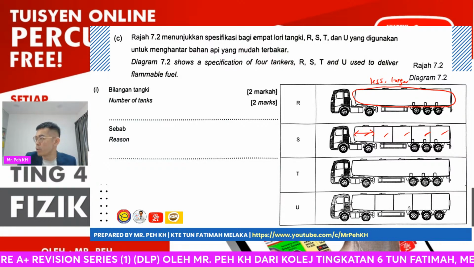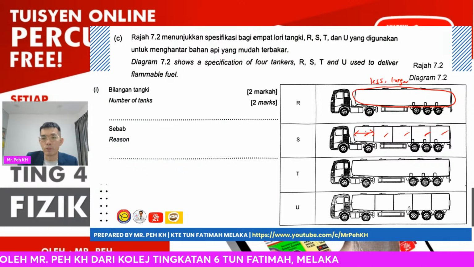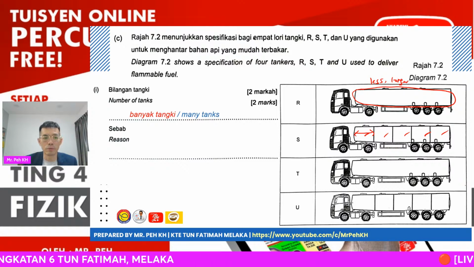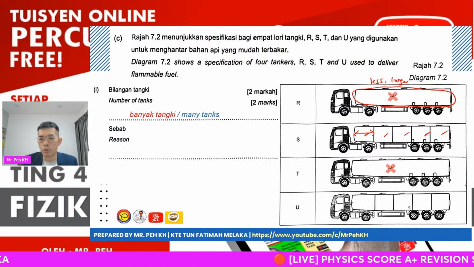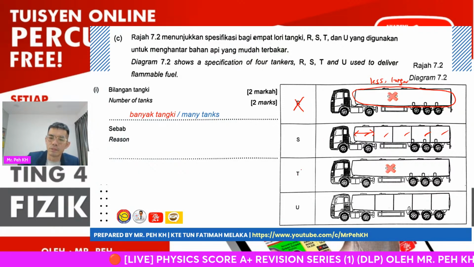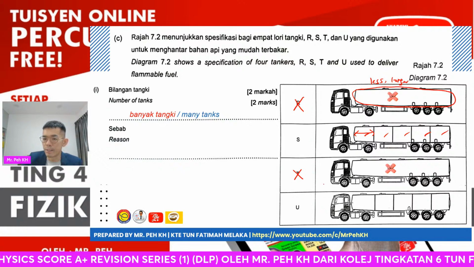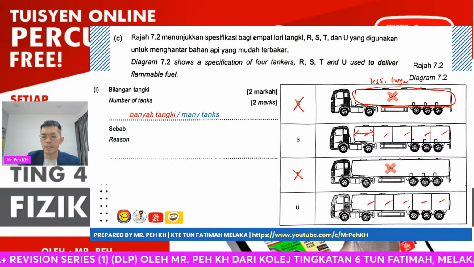So which one should you choose? You actually need to choose the one with more tanks. This is related to inertia. So from here, you can know R and T are already out. Your option can be S and U because both of these show many tanks.